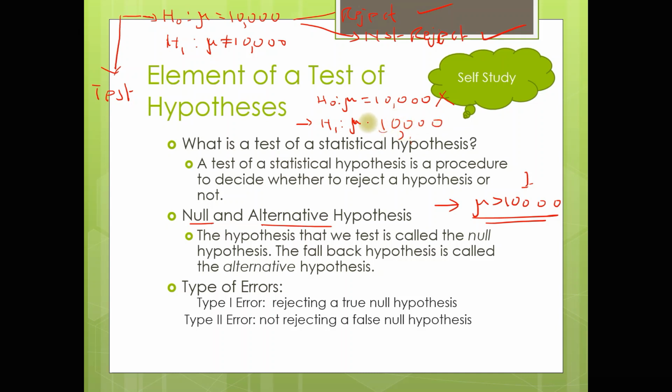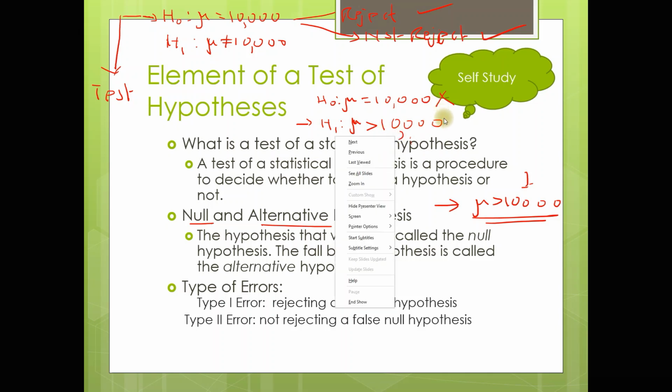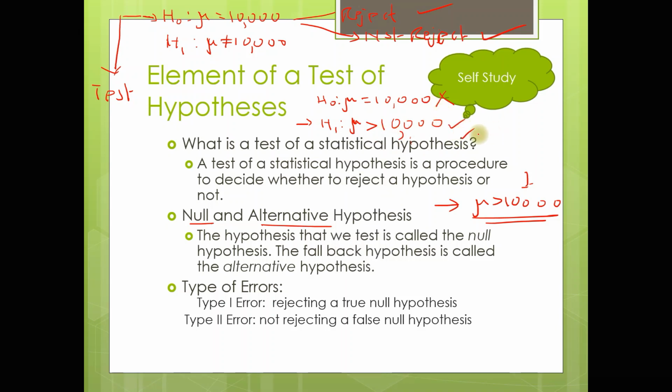So the alternative would then be greater than 10,000. If I'm rejecting the null, it means that what I'm claiming is okay. But if I'm not rejecting the null, it means that what I'm claiming is not okay. So despite that you can't test it through the null, you can still consider it in the alternative.